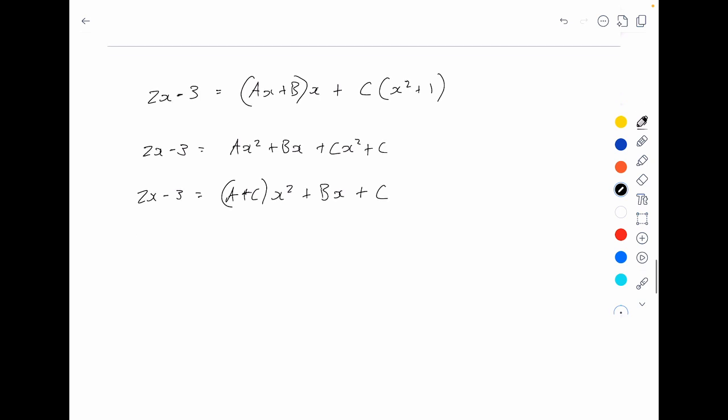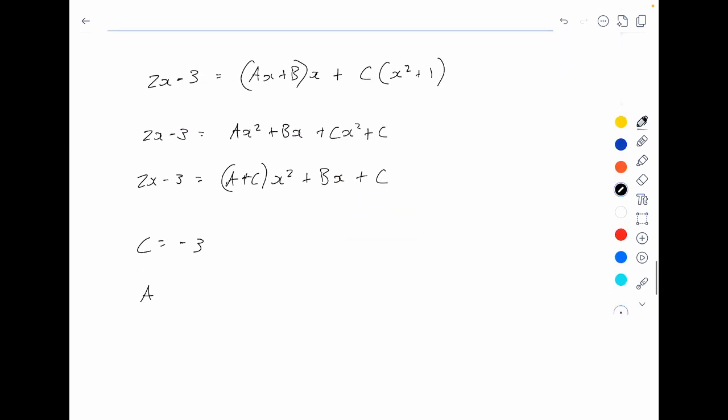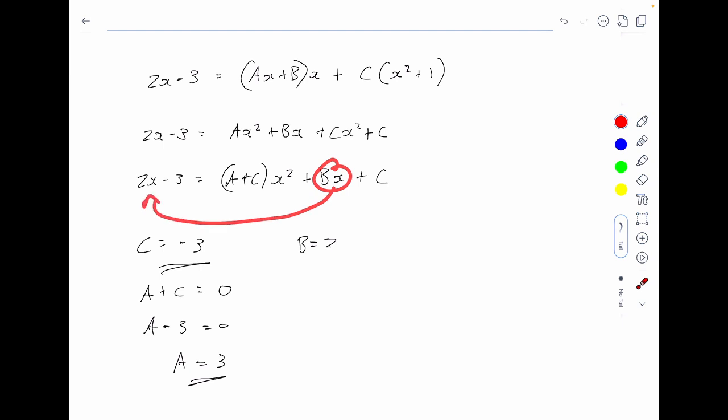So c is going to equal negative 3, because we've got negative 3 here and c here. Next, a plus c is going to equal 0, so a minus 3 equals 0, and a is going to equal 3. And b equals 2 as well, because it corresponds to the x.